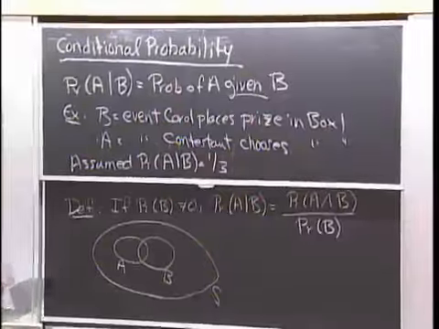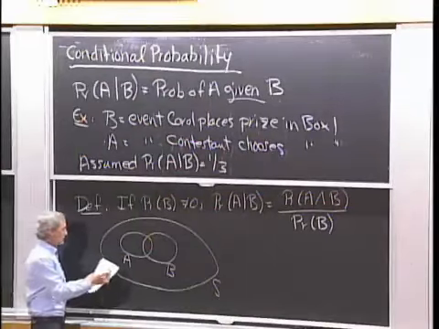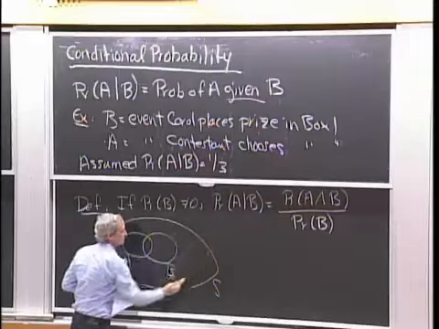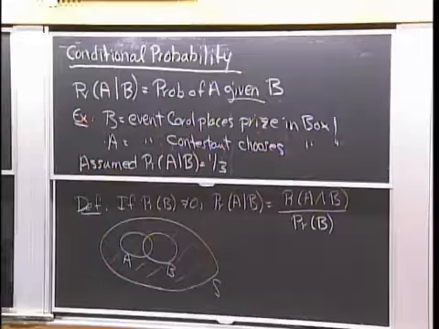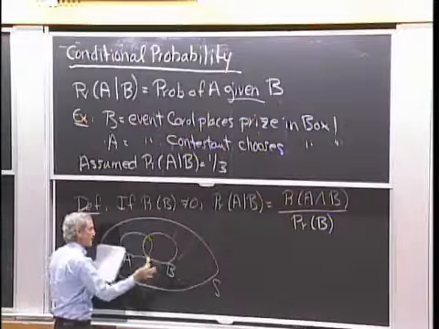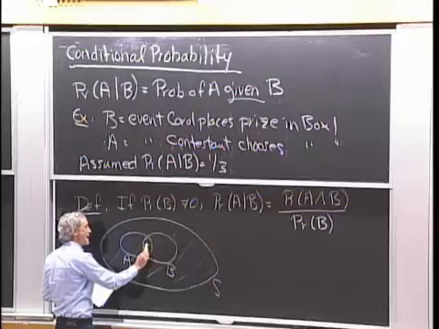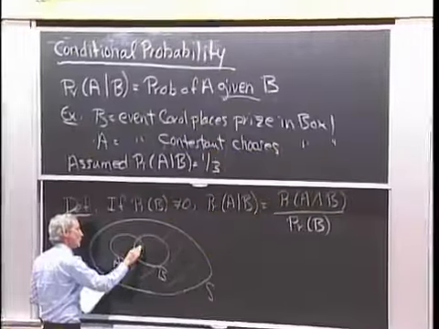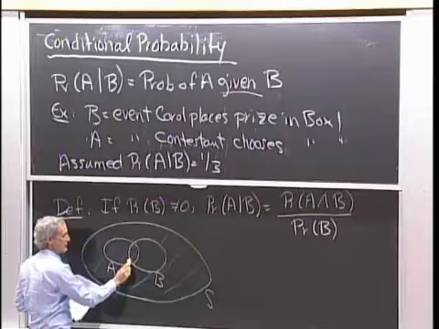Now, we're conditioning on the fact that B happened. Once we've conditioned on that, all this stuff outside of B is no longer possible. All those outcomes are no longer in the space of consideration. The only outcomes left are in B. So in some sense, we've shrunk the sample space to be B. And what we care about is the probability that A happens inside this new sample space. That is, we're asking the probability one of these outcomes happens given that this is the sample space.